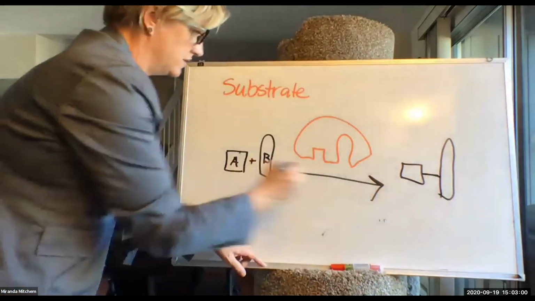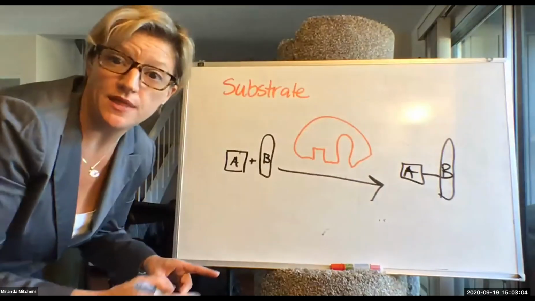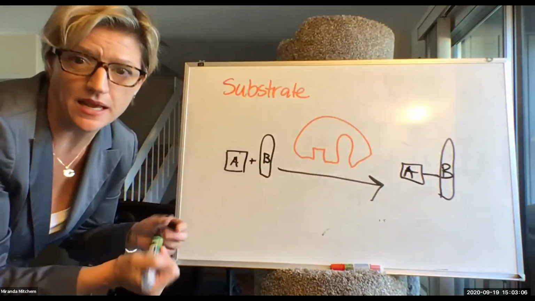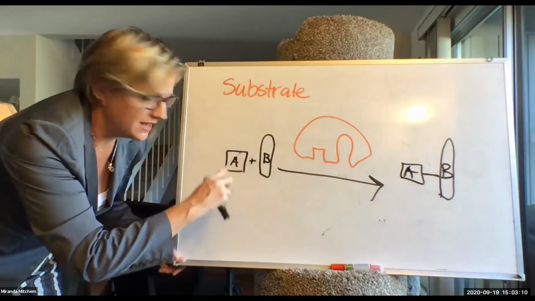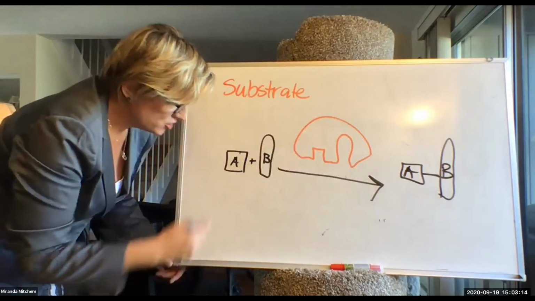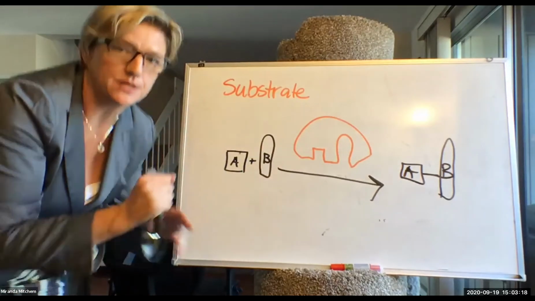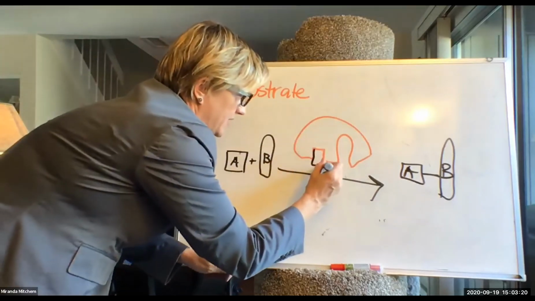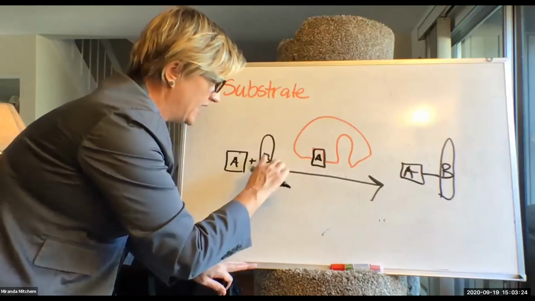Okay, let's get it all drawn out. So this would be the substrate example of an enzyme. We have our two substrates, A and B. This is the enzyme. What a substrate enzyme does is it simply holds the reactants in place. So A is going to come in here into its pocket, and notice B has a different shape.